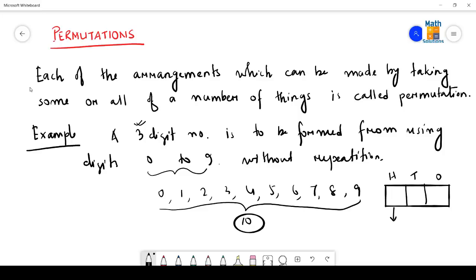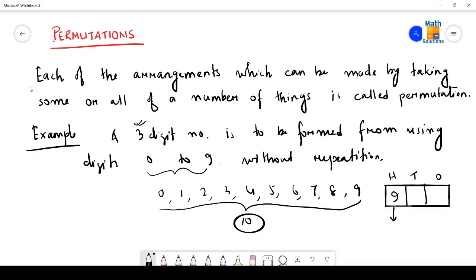So apart from 0, the rest of the digits we can use. So there are 9 possible ways of putting digits in the hundreds place.